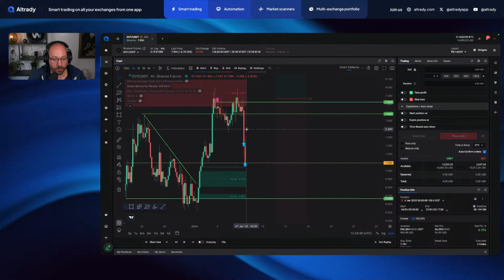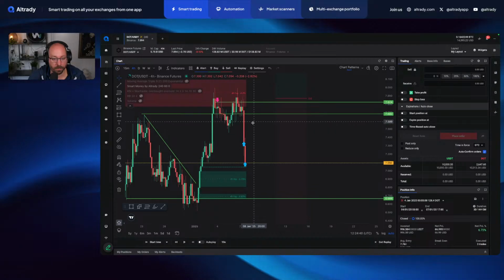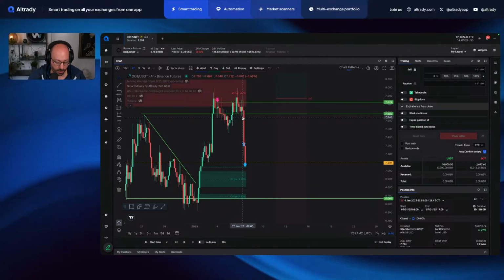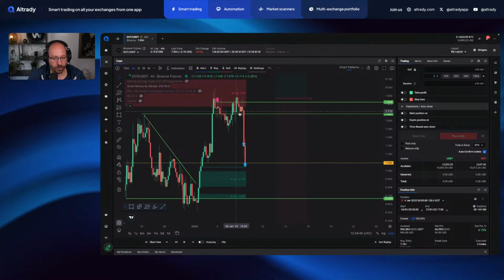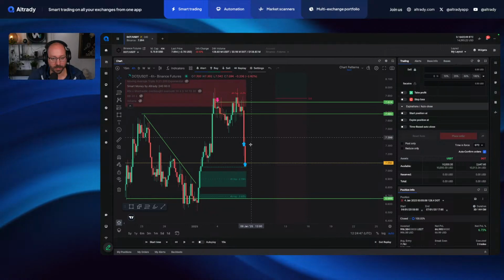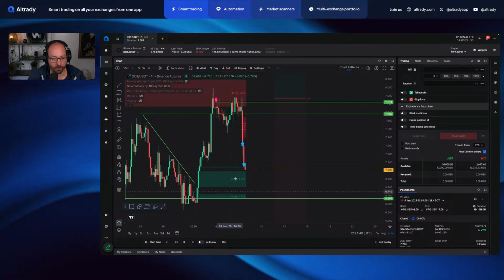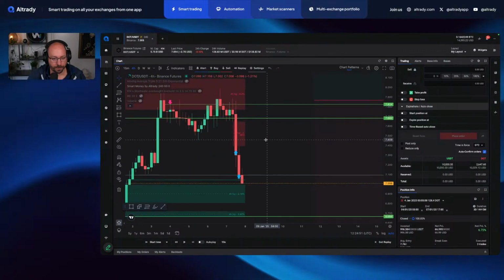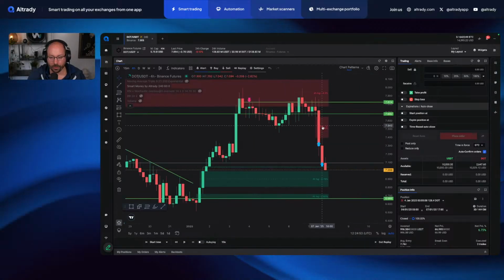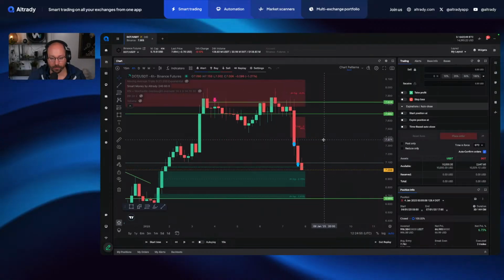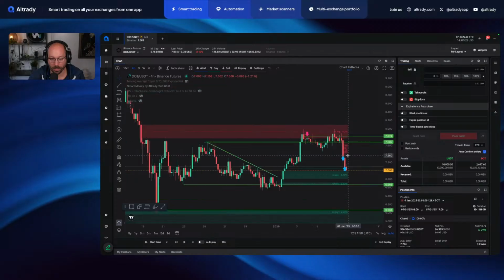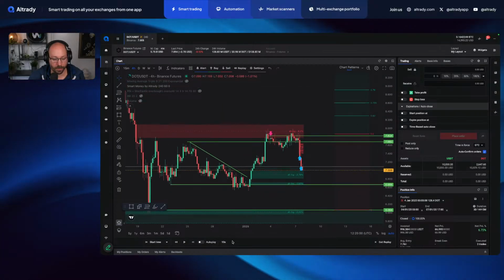So that means we have a fair value gap right here. If we just get one candle further, there's our fair value gap. If it hits this one again, then we could look for another entry on the short side, if I'm not mistaken.